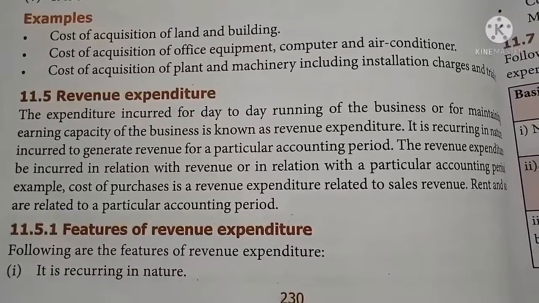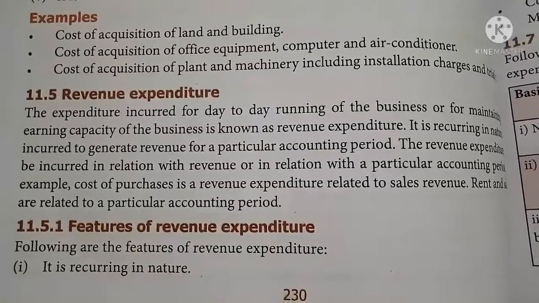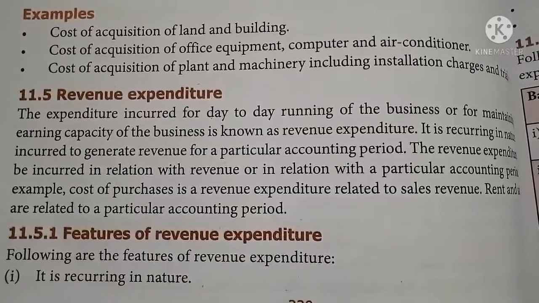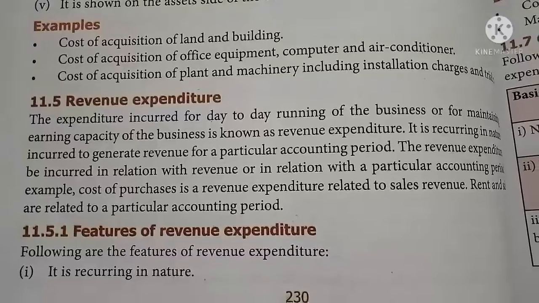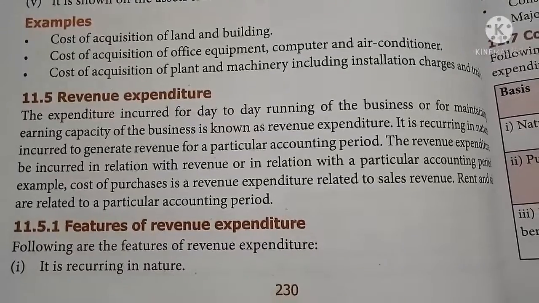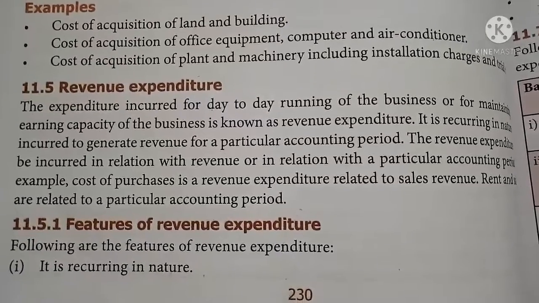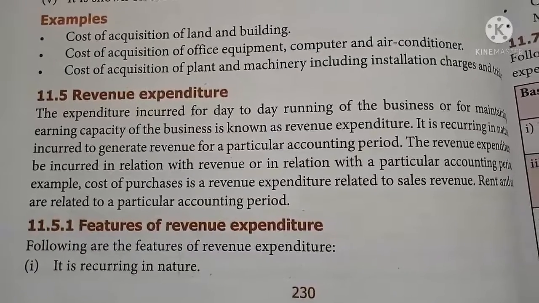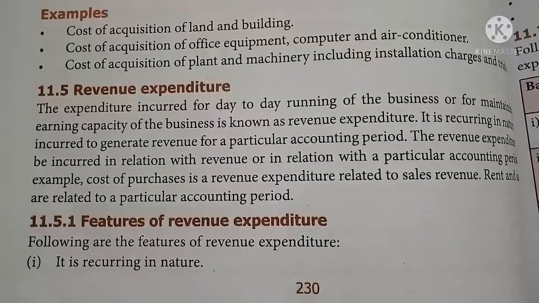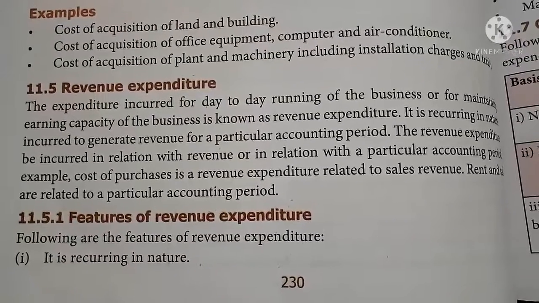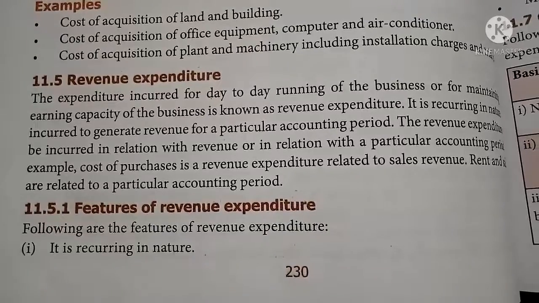If any amount is spent to maintain the earning capacity, that amount is called revenue expenditure. It is recurring in nature because we spend regularly, and revenue expenditure is incurred in relation to the revenue or a particular accounting period.